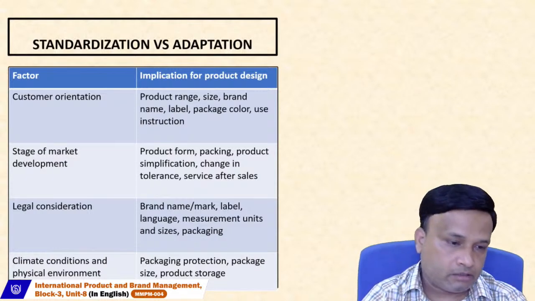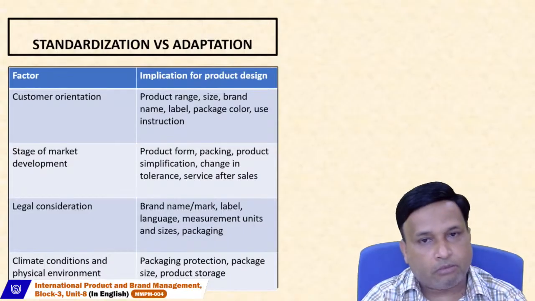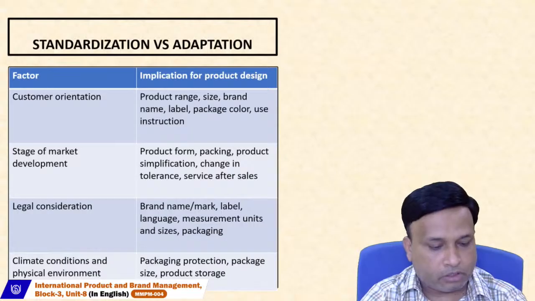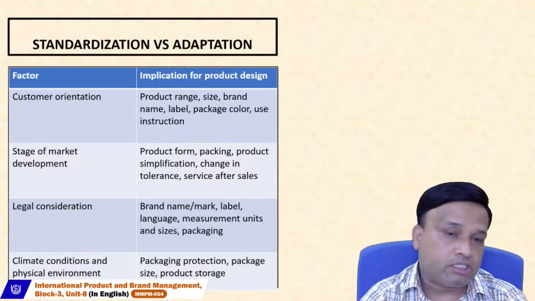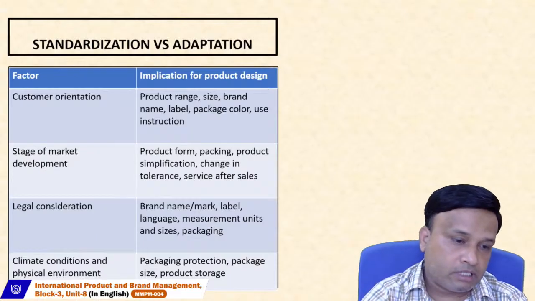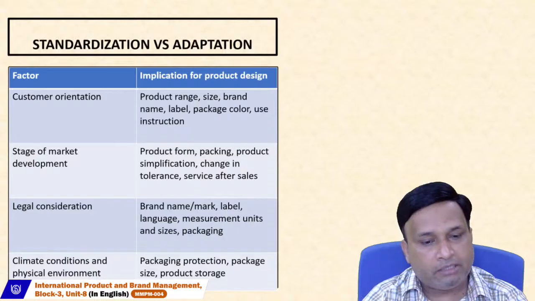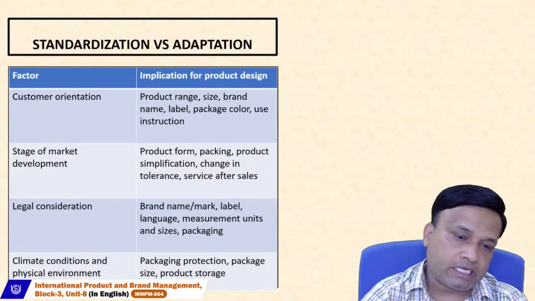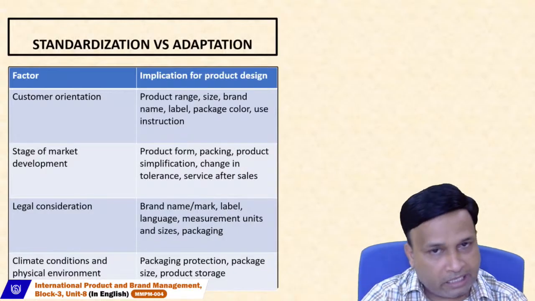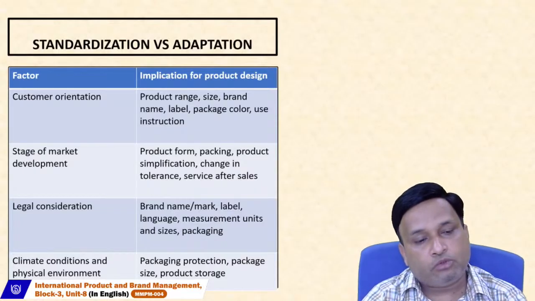Then we talk about climate conditions and physical environment. If you are talking about terrain conditions, you have to see what kind of tire to introduce for cars. The climate also decides. In India the climate is hot, so people go for soft drinks, and you have to introduce soft drinks here.